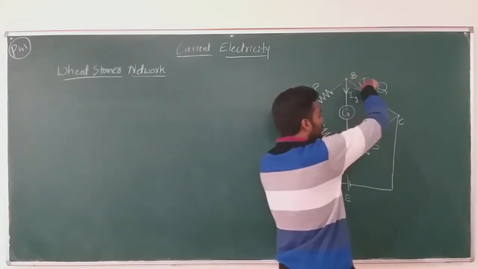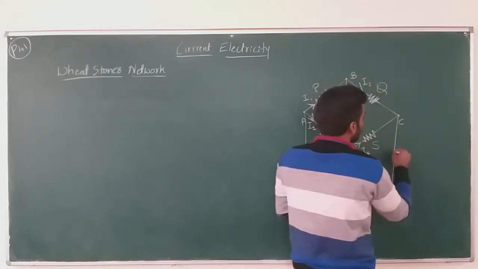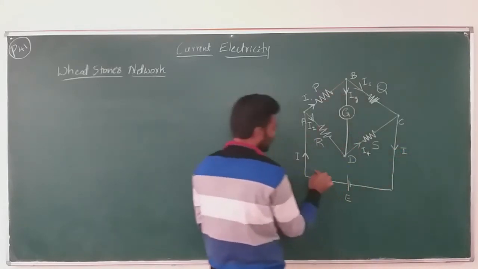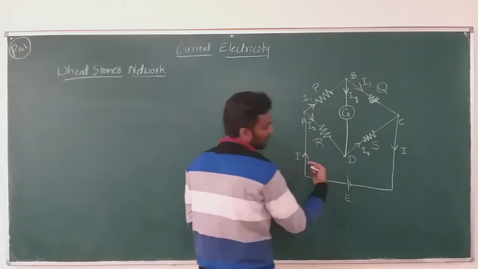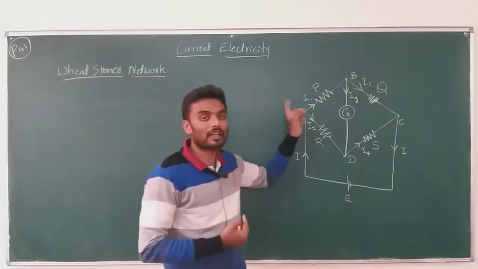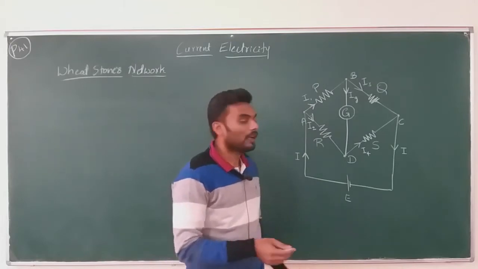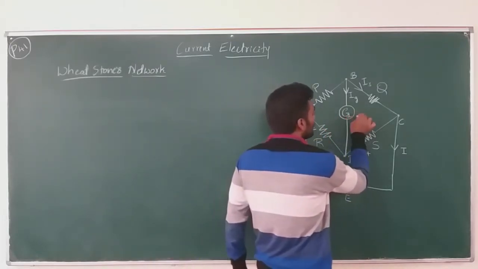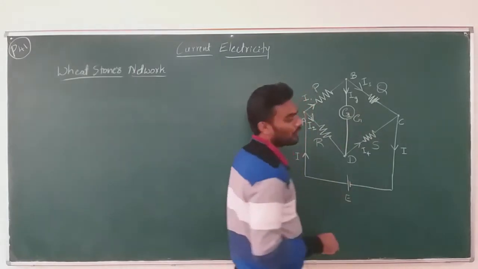Now I3 and I4 together come to point C and become the same current I and come back to the cell. Okay, this is about the considerations about current flowing through the network. And one more consideration is, let G be the resistance of the galvanometer.